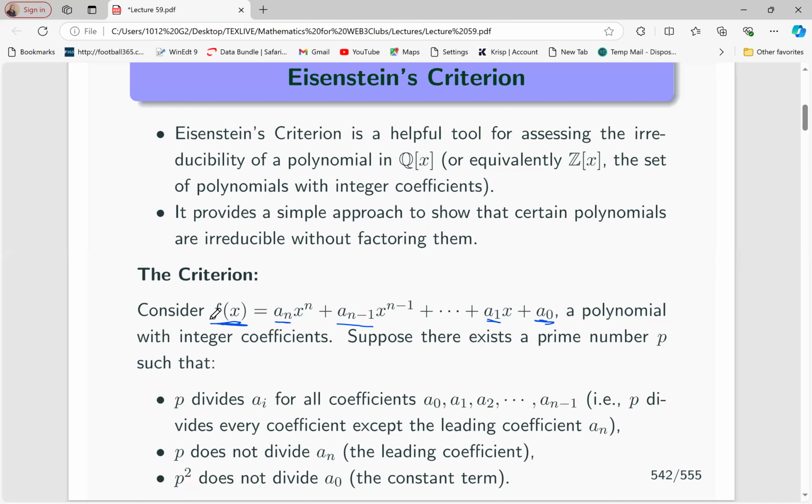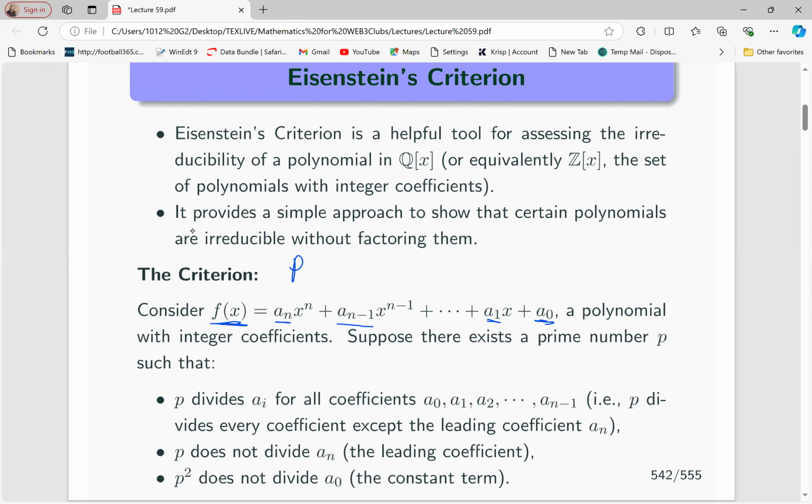So for you to tell if this polynomial can be reduced, you think of a prime number. If that prime number can be obtained, of course, if it cannot be obtained, then we also will conclude.